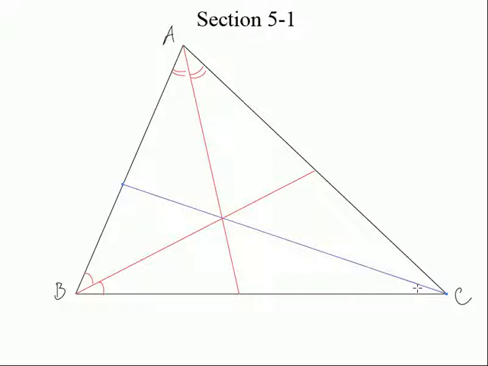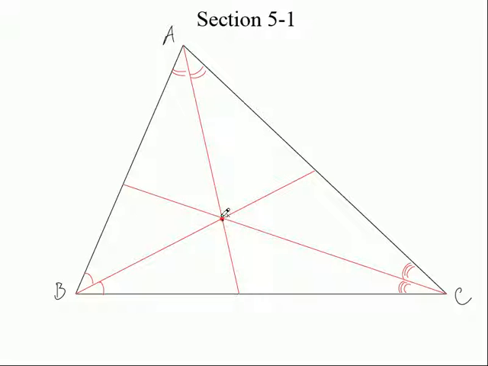Does it look like it bisects that angle? Yeah, it absolutely does, doesn't it? So those two are going to equal each other. And it's kind of cool that they actually intersect at the same point. If you don't believe me, you can get a protractor and try it yourself, split the angles in half, and you'll see that that works as well.